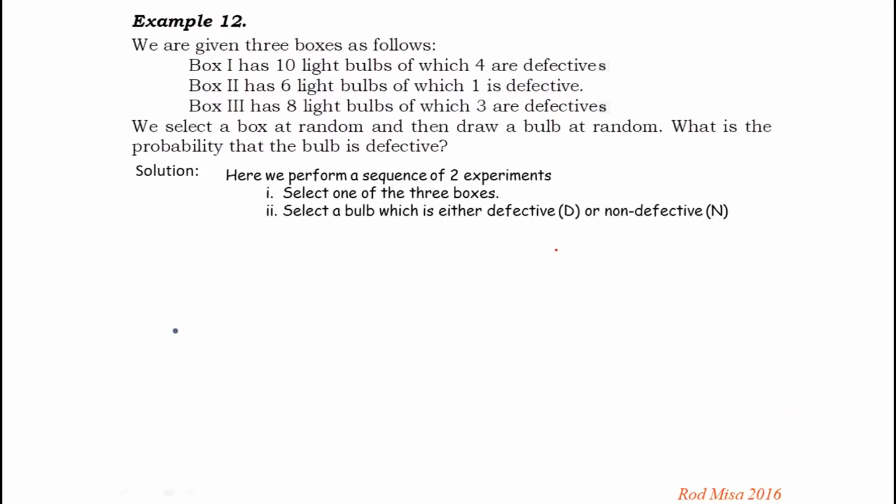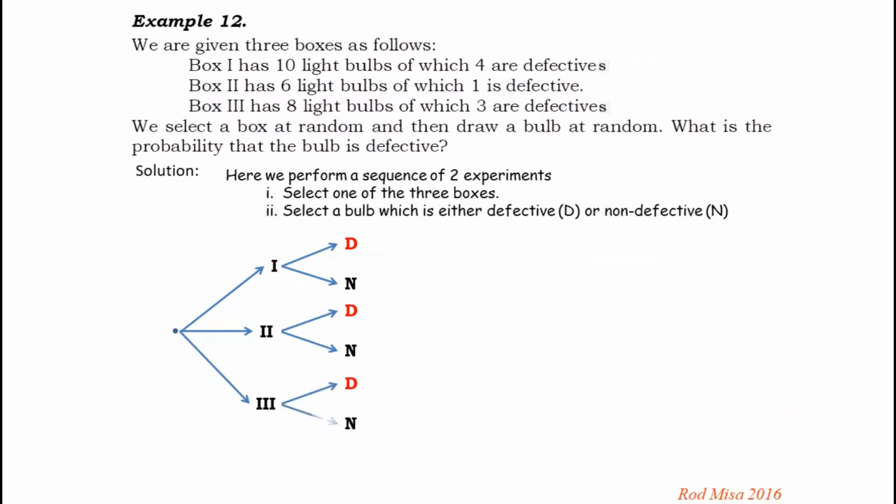Using a probability tree, we can draw three branches here, wherein the first arrow is for choosing the first box, the second arrow is for choosing the second box, and the third one is choosing the third box. When you choose the first box, you can select either a defective or a non-defective bulb. So with the second box, you can still choose a defective or a non-defective bulb. Same here in the third box.